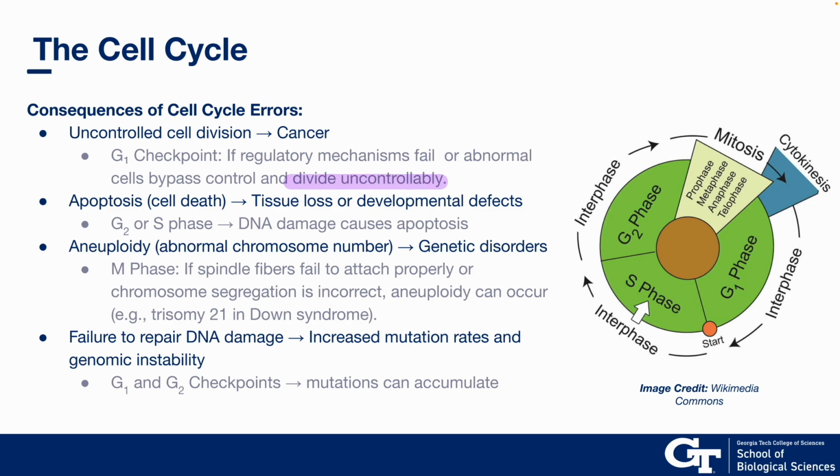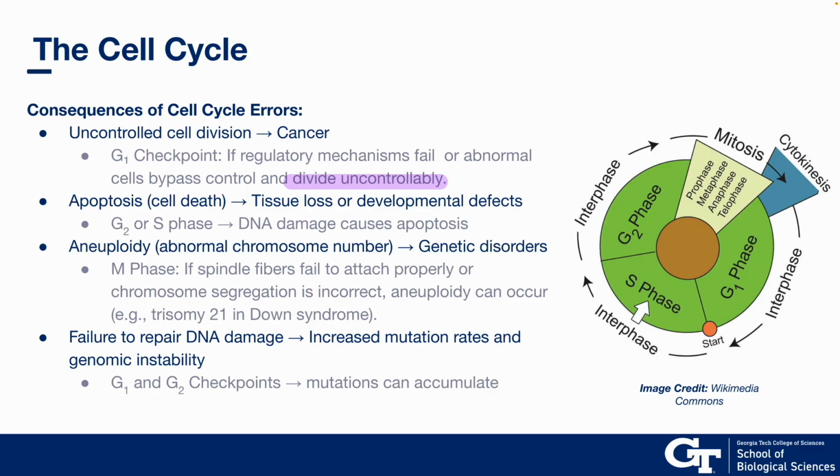Other times, when we're checking to make sure that the cell has done the right thing during the G2 phase or the S phase, replicating the DNA correctly, that's when we can say, hey, this is not right. Let's just kill the cell off. That's called apoptosis. If that doesn't happen correctly, that's when you would lose tissues or other cells because the cell would have incorrectly died or been killed off.